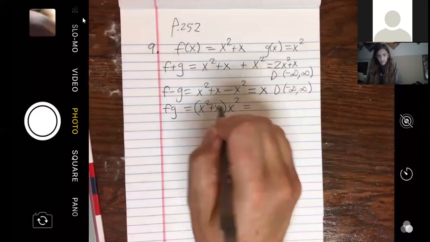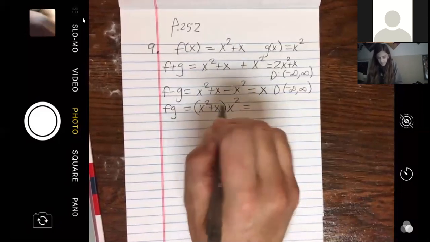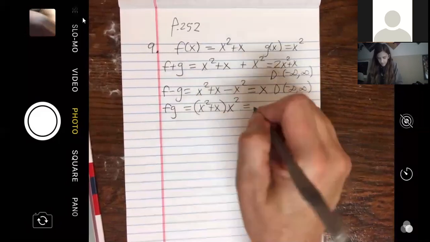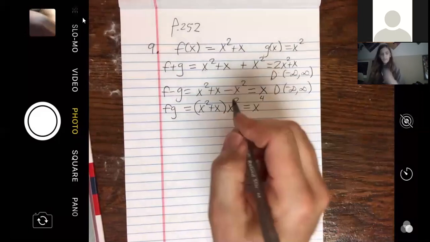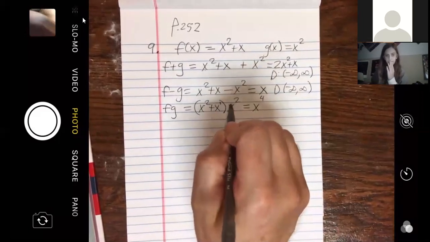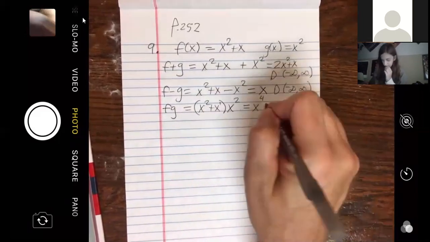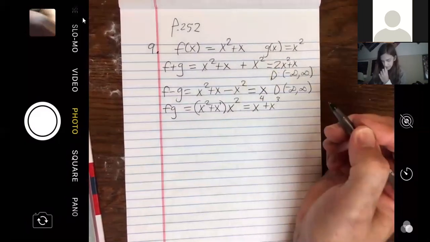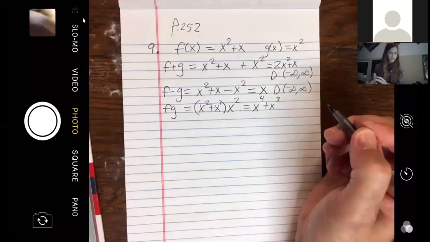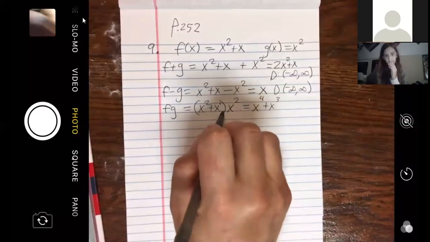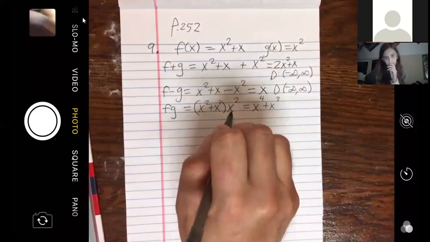If you distribute it, you're taking x squared times x squared. Remember, the exponents add, so that's x to the 4th. Then there's a 1 there, so the 2 plus 1 gives you x cubed. When you multiply terms, your exponents add.